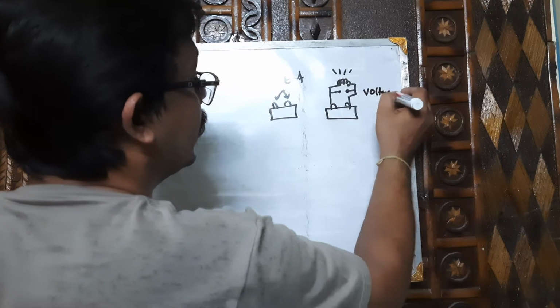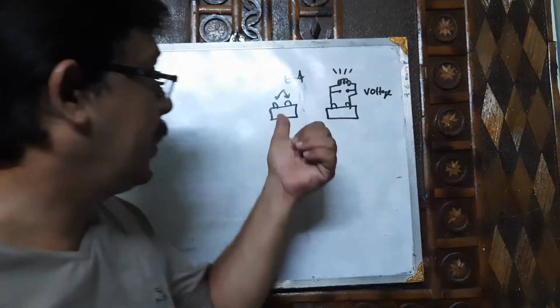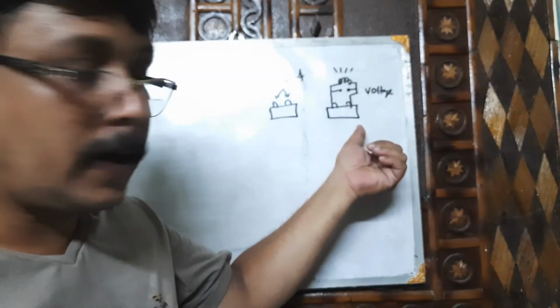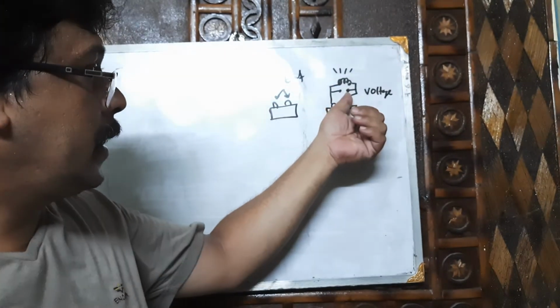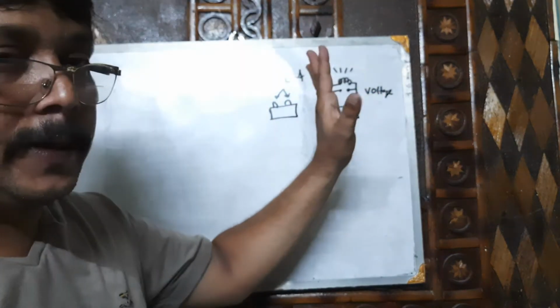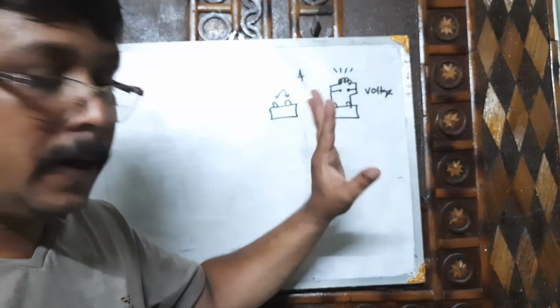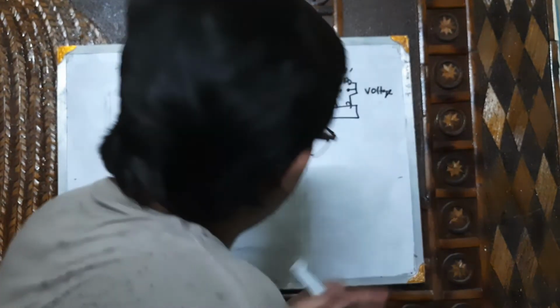That means EMF and voltage are very close things. These are nothing but the amount of electrical energy, one in the open circuit, one in the closed circuit. When the circuit contains any resistance, it converts into the voltage, and when the circuit has no resistance, then we calculate the EMF. So this is the EMF and voltage concept.